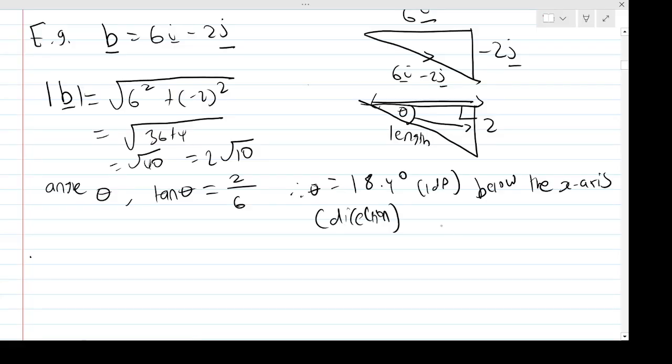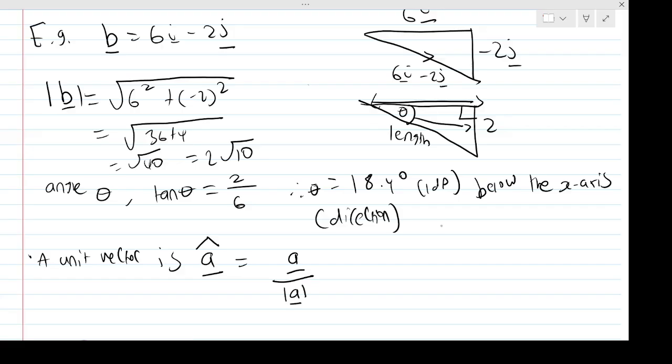Okay, so lastly, before we jump into some examples, we need to look at something called a unit vector. Okay, so a unit vector is what we denote the vector A with a funny little hat, okay? We call it A hat, right? And what this is saying is a unit vector of a vector A is going to be the vector A, but we're going to divide it by its length, so it's going to be A over the modulus of A, okay?